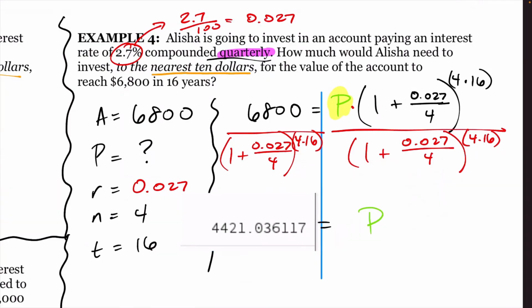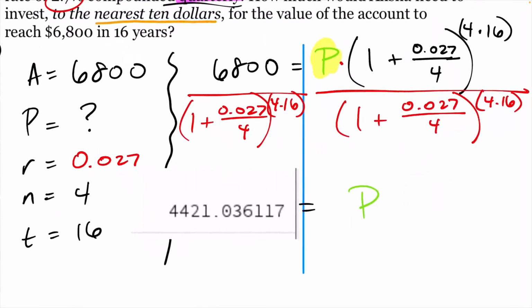So when you use your calculator, you should get this number here. Verify that you can get that number on your calculator. Okay. So it says round to the nearest $10. Which number's in the $10 spot?